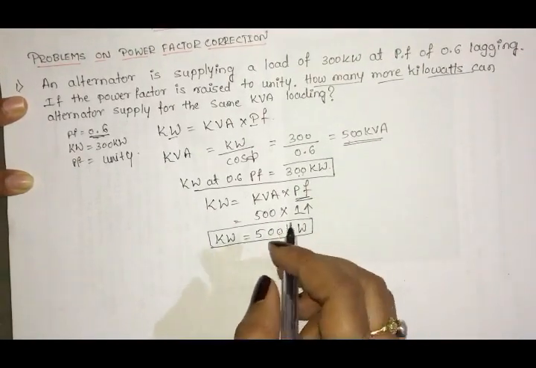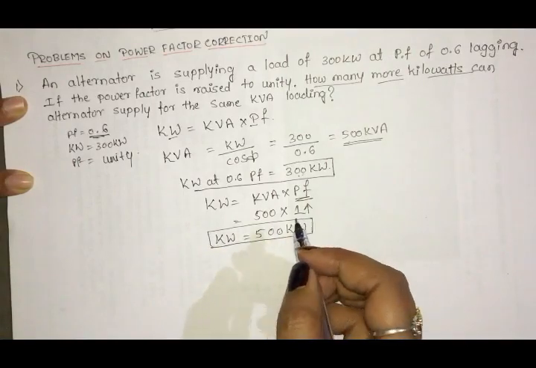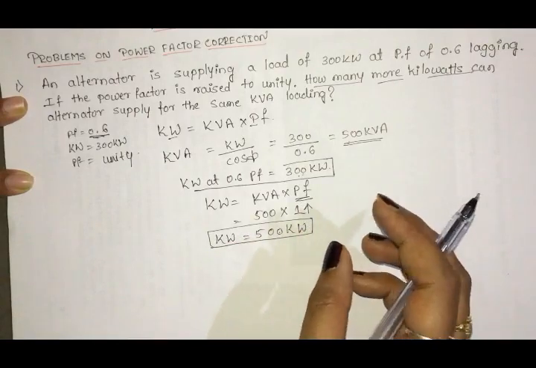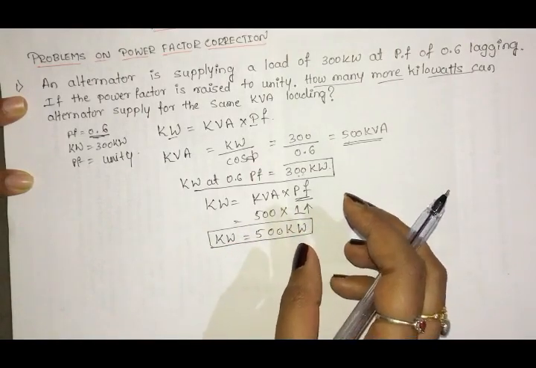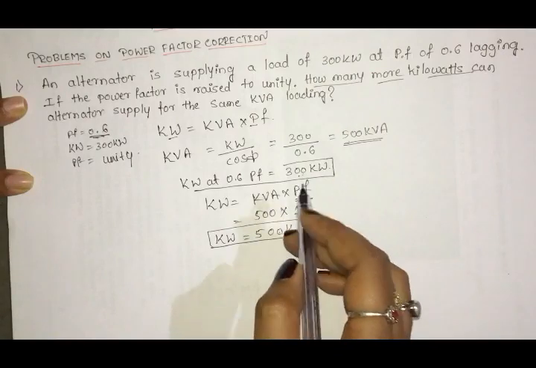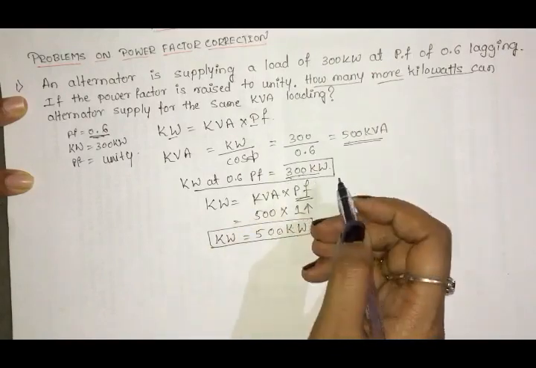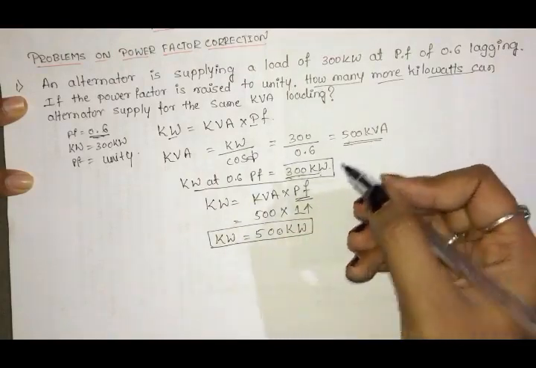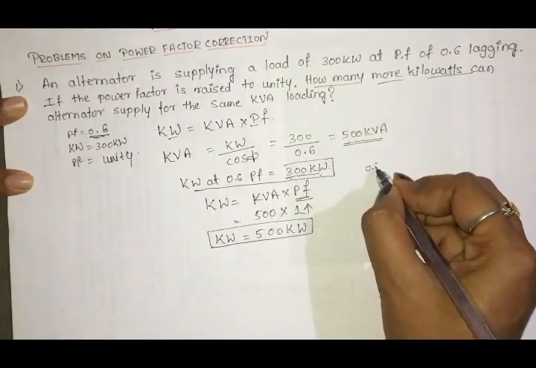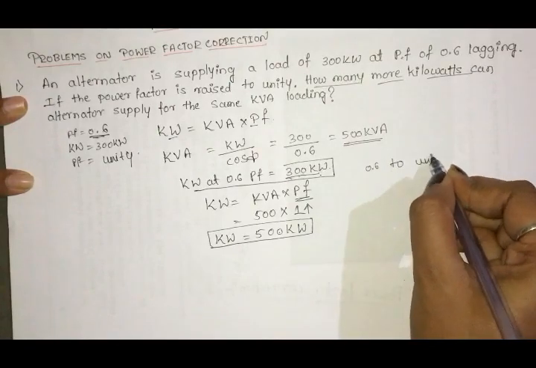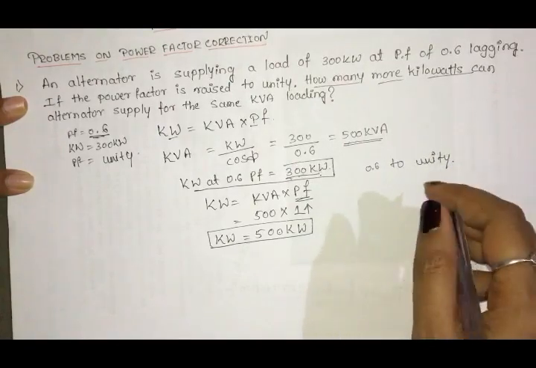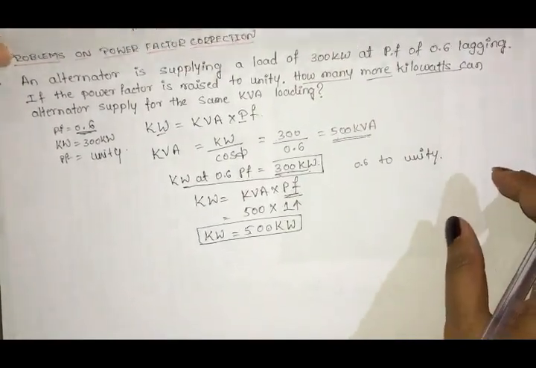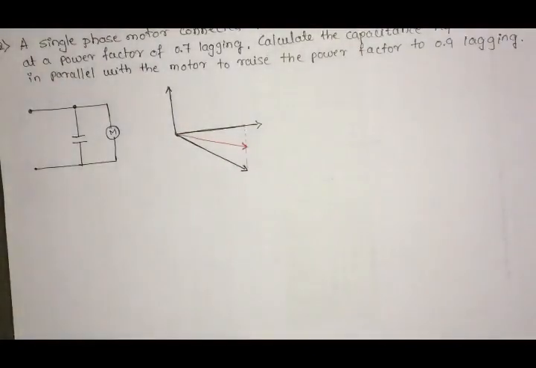So note that with the alternator at unity power factor for 500 kVA, we get 500 kilowatt, whereas for 0.6 lagging we are only able to supply 300 kilowatt. This is the advantage of improving the power factor from 0.6 to unity. I hope this problem is clear to you. So let's go to another problem.